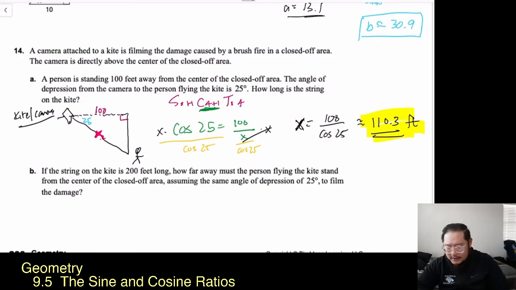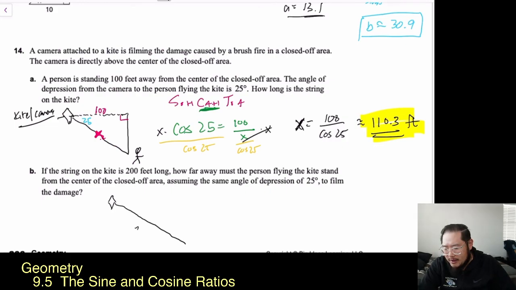Let's take a look next at letter B. One last part right here. It says if the string on the kite is 200 feet away, how far must the person flying the kite stand from the center of the closed off area, assuming the same angle of depression of 25 degrees to film the damage? Okay, so let's see. Based on the given information, let's draw things out. We've got our kite and camera, right? And if the string is 200 feet long, so this time they're giving us this hypotenuse.